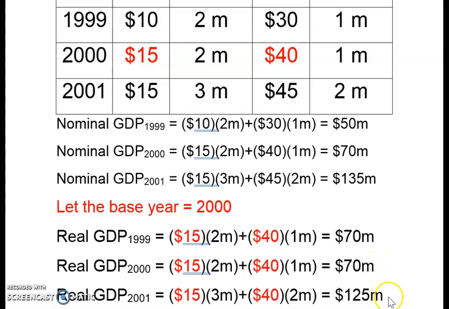Well, is the value being inflated? Actually, the answer is no, because we keep the prices constant at the base year's price. So we know that if real GDP changes, increases or decreases, it has to be the quantity change because the price has been fixed.